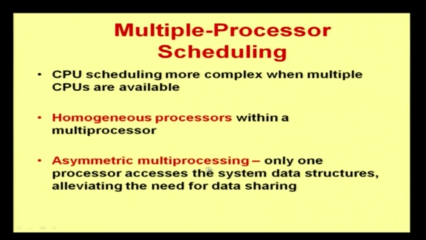Whereas multiple processors means 2 processors working simultaneously. So what is the advantage of using 2 processors? The efficiency will be higher and the computation speed will be much faster when compared to using a single processor.